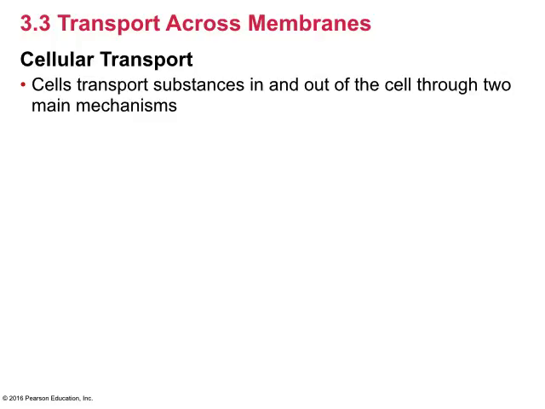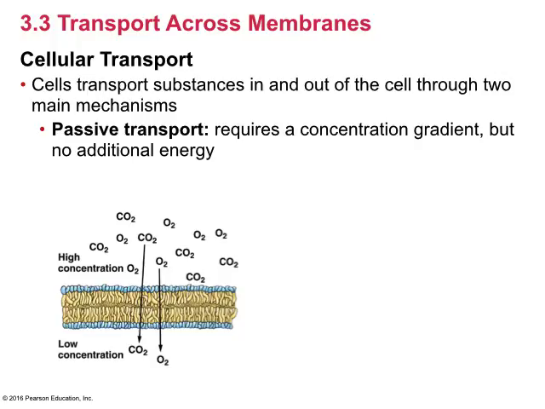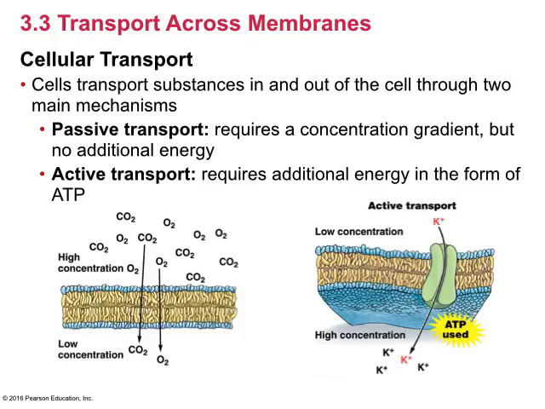So there are two main mechanisms that the cell uses to transport molecules through that plasma membrane, through that hydrophobic core. There's passive transport, which requires a concentration gradient, which is basically, as it sounds, a gradient of concentration. So there's higher concentration of whatever molecule on one side compared to the other. Molecules tend to move from areas of high concentration to low concentration, so this requires no additional energy.